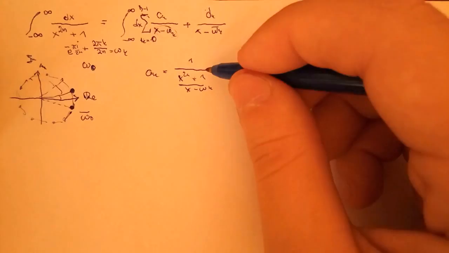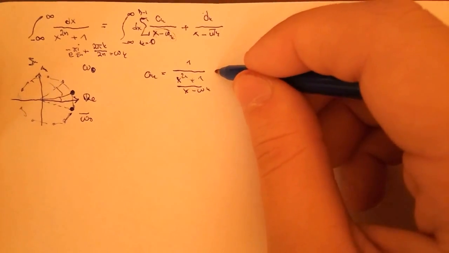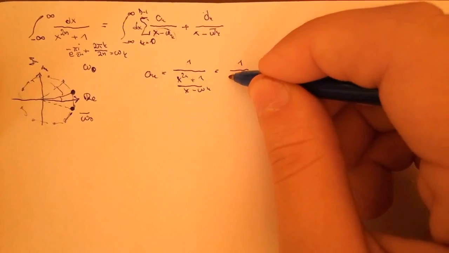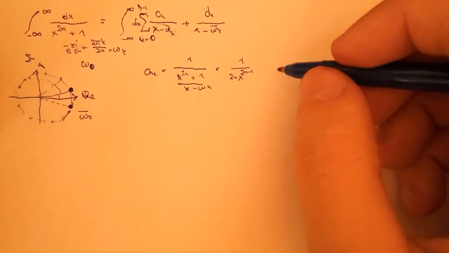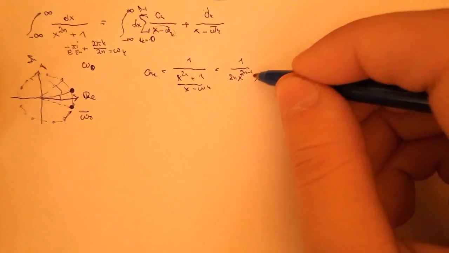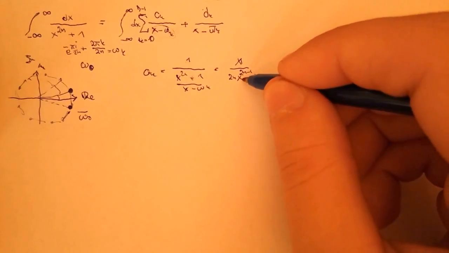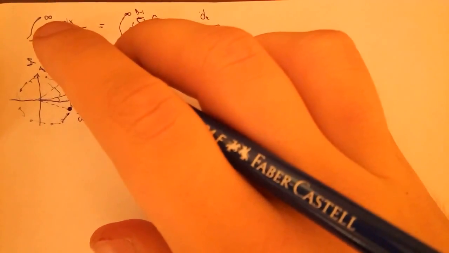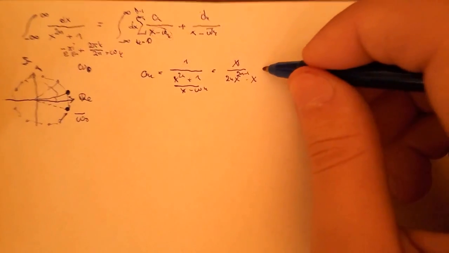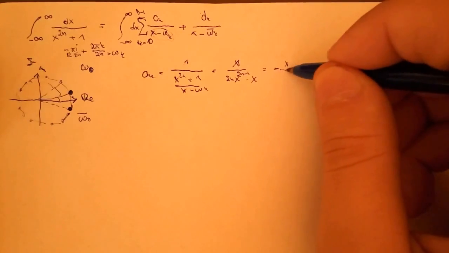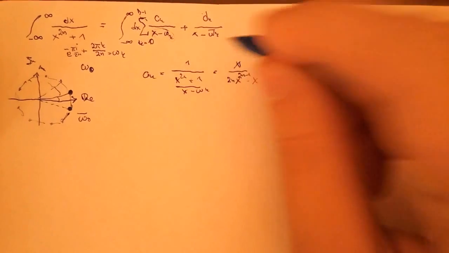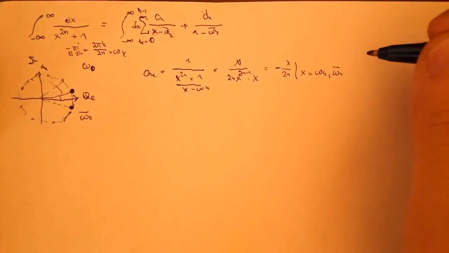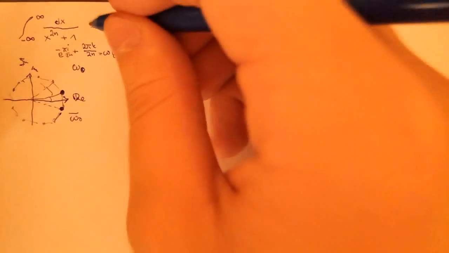But as you may know, this is 0 over 0, so in the limit this is L'Hopital's rule, so this is 2n x to the power of 2n minus 1. If I multiply it by x, there is x to the power 2n, which is minus 1, so this is minus x over 2n evaluated at x equal to omega k, or in the second case omega k conjugate. So there should be minus 1 over 2n and ck.